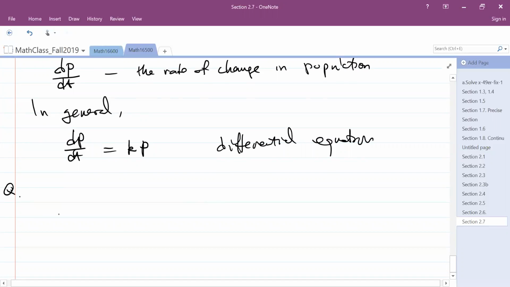So now let's look at another problem. This is about the cost function. A company has a cost function in producing x units. Let C(x) be the cost in producing x units.